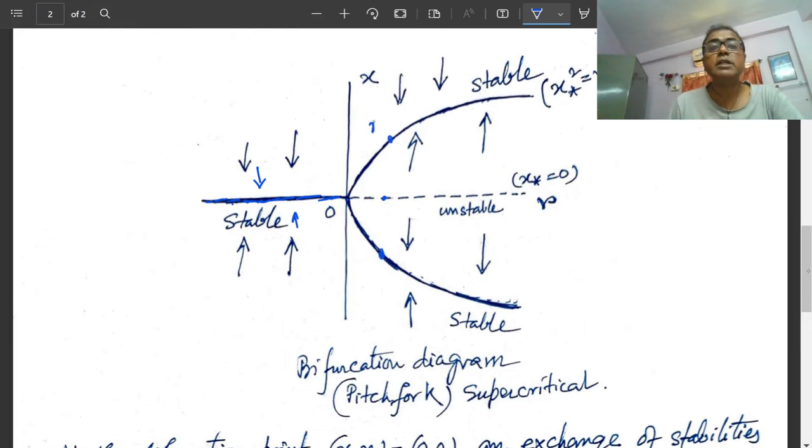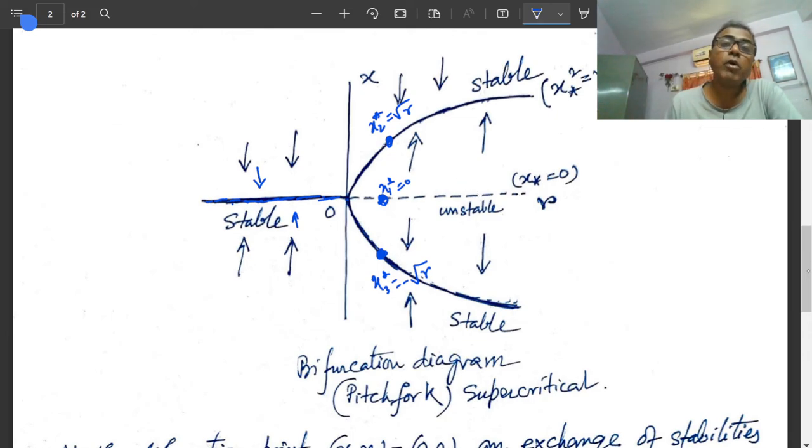This point is x1 star equal to 0, and this point is x2 star equal to root r, and this point is x3 star equal to minus root r. Obviously this 0 is unstable, so draw here a dotted line, this unstable branch, for this unstable equilibrium point.